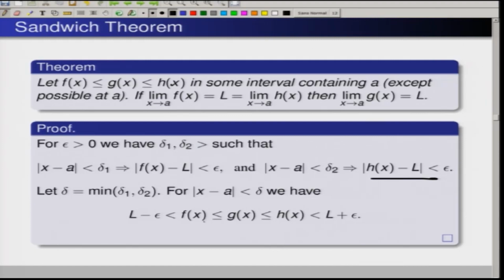Therefore, g(x) is greater than L - epsilon and less than L + epsilon for a given epsilon whenever x is in this delta. So, for epsilon we have found a delta. So, the limit of g(x) as x goes to a is nothing but L again.